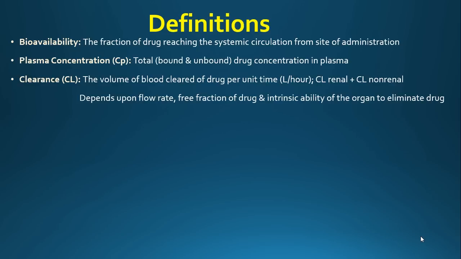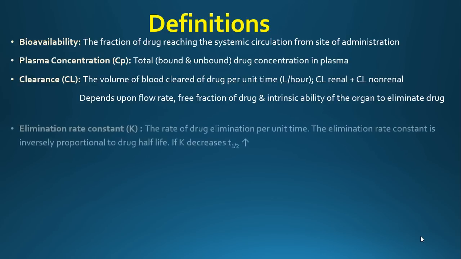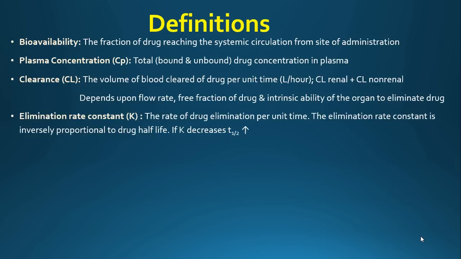If the kidney is clearing, then the flow to the kidney. If the liver is clearing, then the flow to the liver. Also the fraction of drug and the intrinsic ability of the organ to eliminate the drug. This is the important aspect, and it will require further elaboration subsequently. So at this stage, you should be very clear about clearance. Any question or query at this level, you should clear it off regarding clearance.